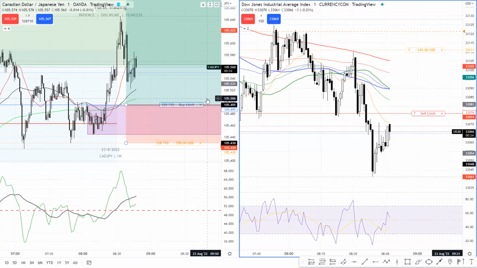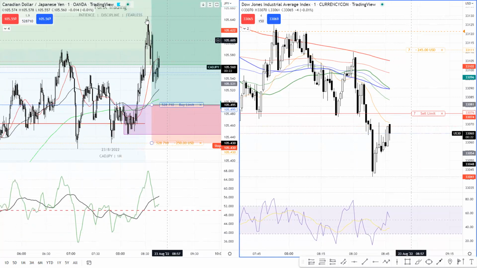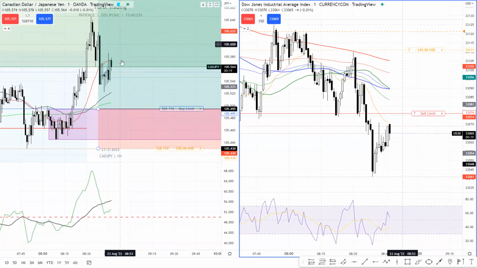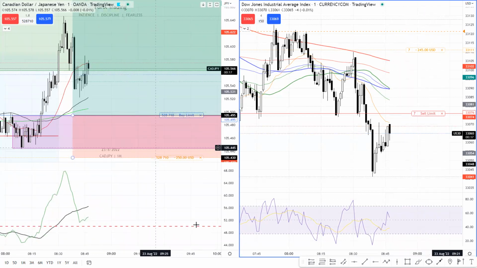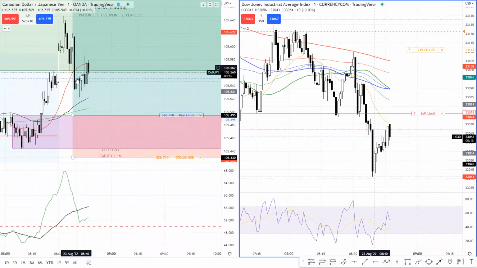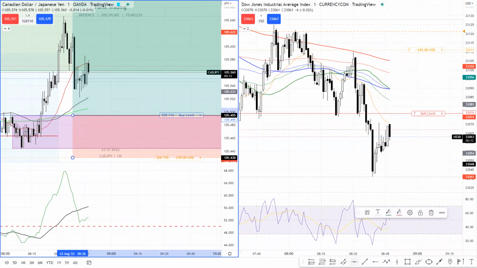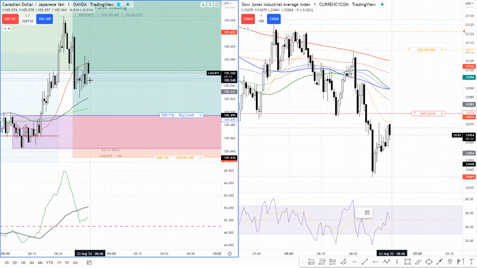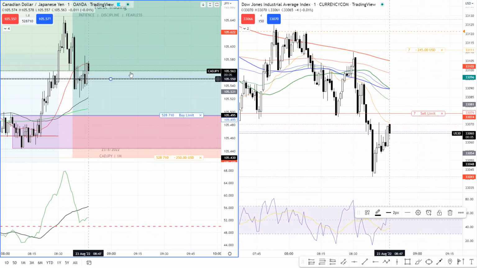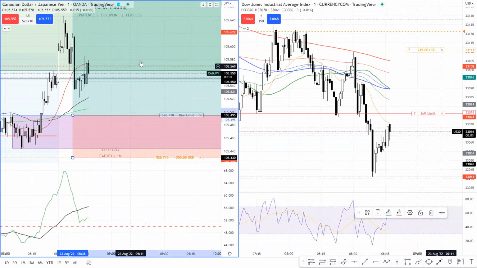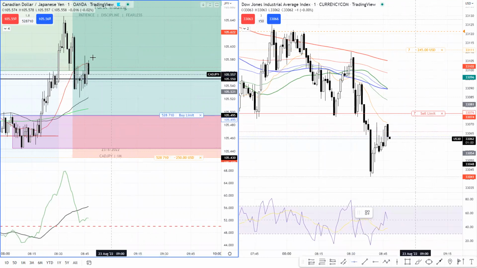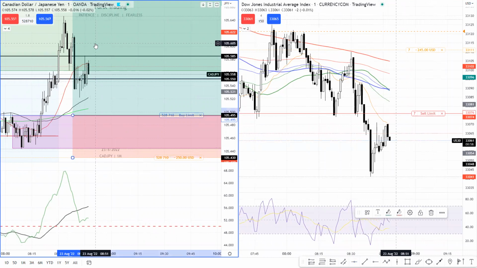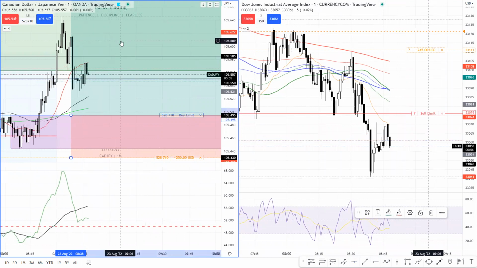Should be, at least based on a structural point of view. We are making new lows. It's not too absurd for me to think that. If we're breaking above that, then there's no real point for me to. So let's go ahead and modify.